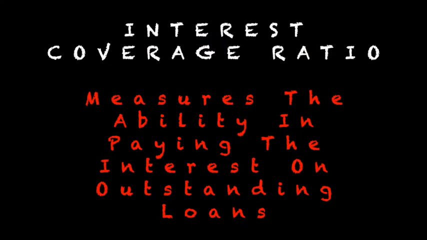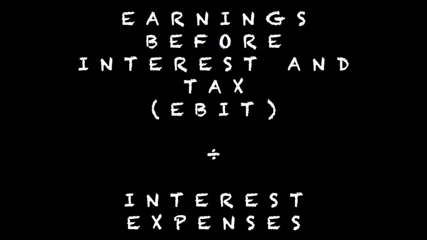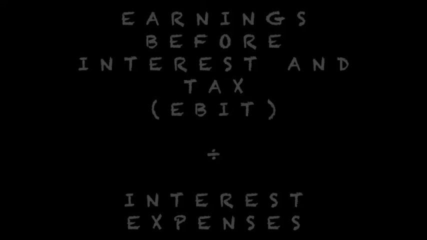Other P&L ratios that you could look at include the interest coverage ratio, which measures how well the company can pay interest on its outstanding loans. This is computed by taking the earnings before interest and tax, also known as EBIT, and dividing that number by the interest expense for the period under review.